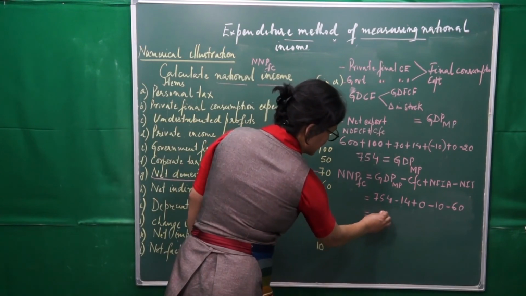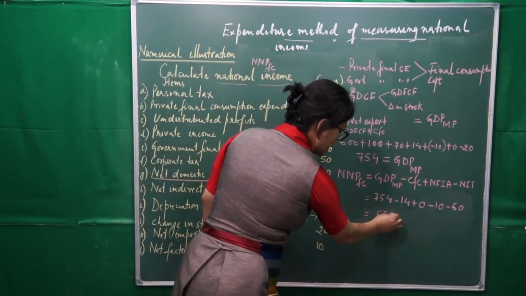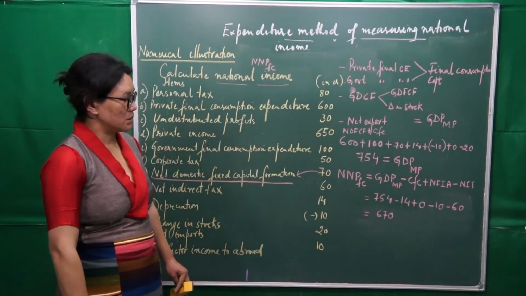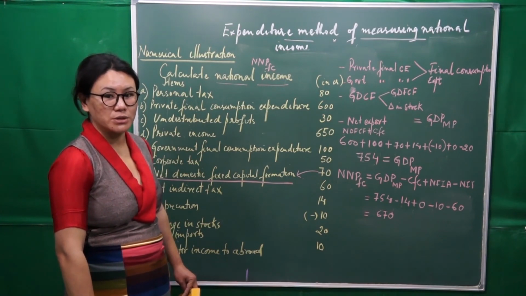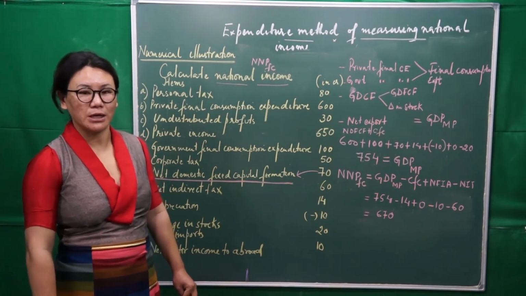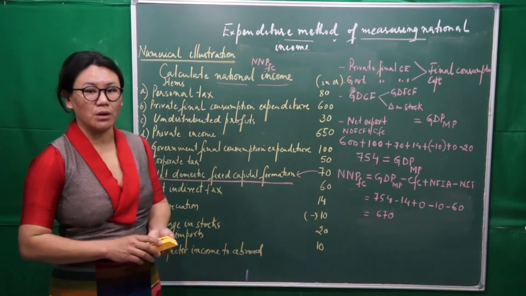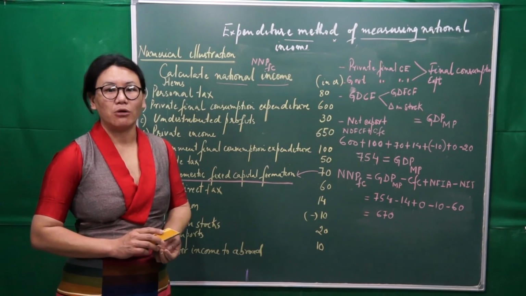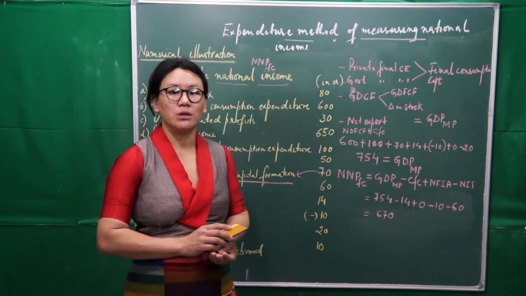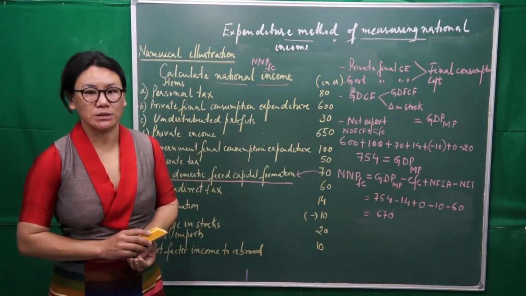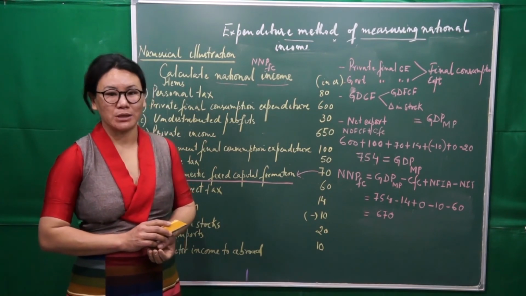You will be getting this much. So this is your NNP at factor cost, which is nothing but national income. Alright, okay, so this is just an example of how we can make use of the theoretical information in solving numerical illustrations. Okay, so like this you have to go for it.